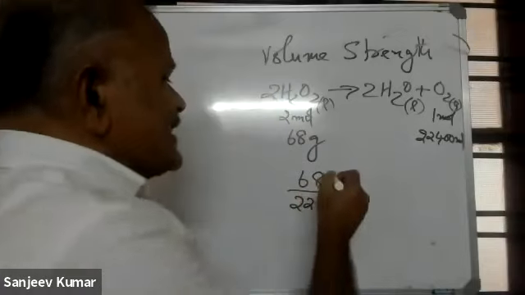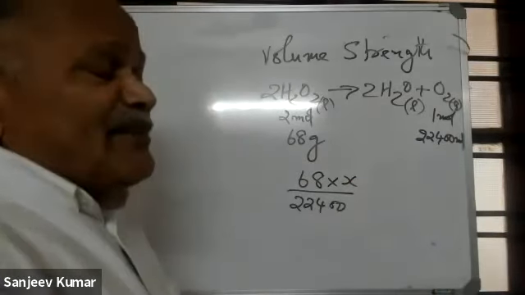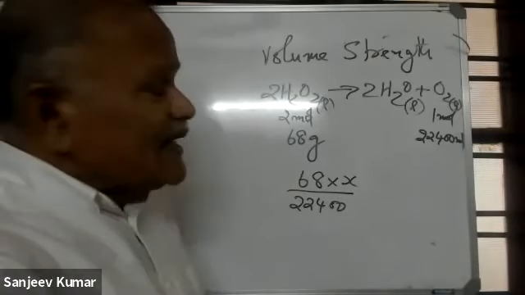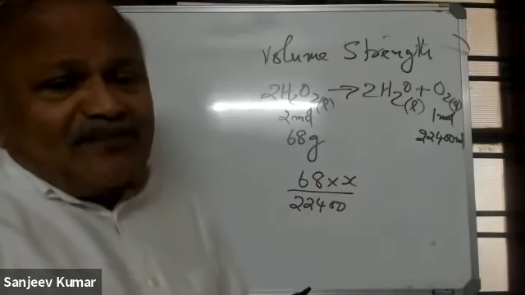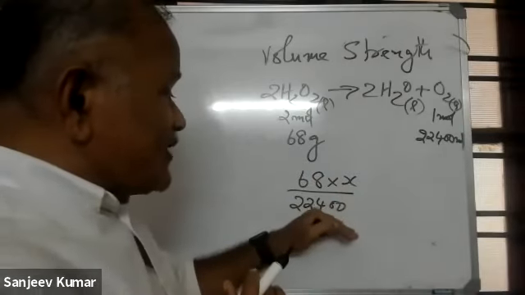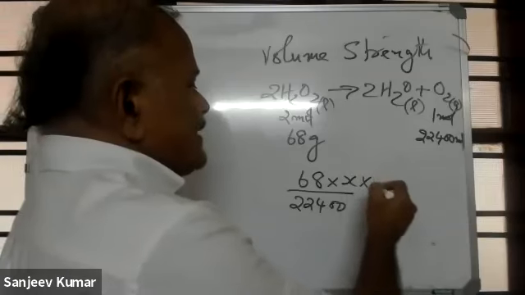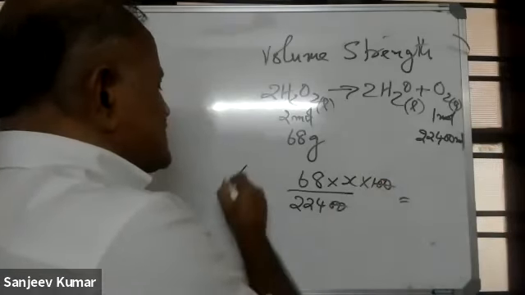If the volume strength is X, then the weight of hydrogen peroxide that will produce X ml of oxygen at STP is 68 into X by 22,400. And this is the weight of hydrogen peroxide in 1 ml of that. Therefore, in 100 ml, it is into 100. And that is the percentage strength.